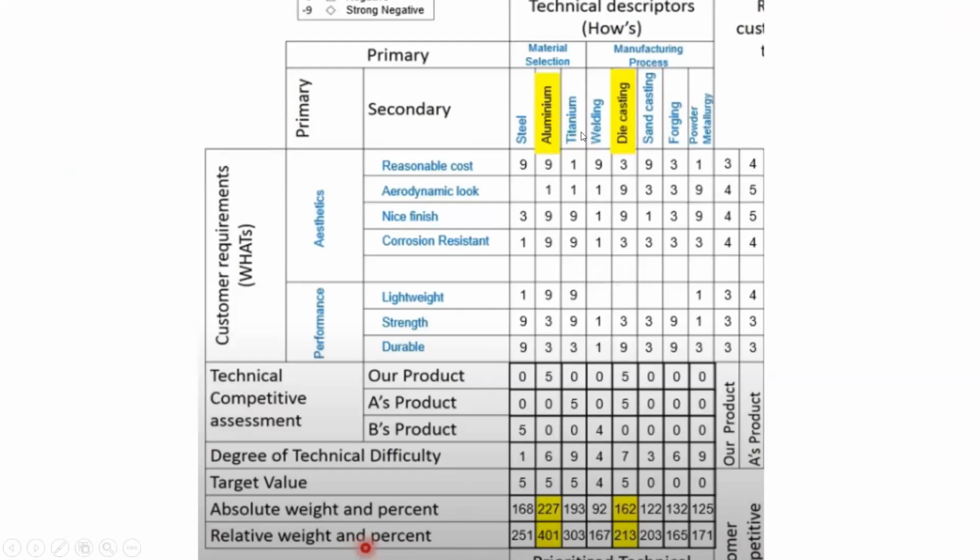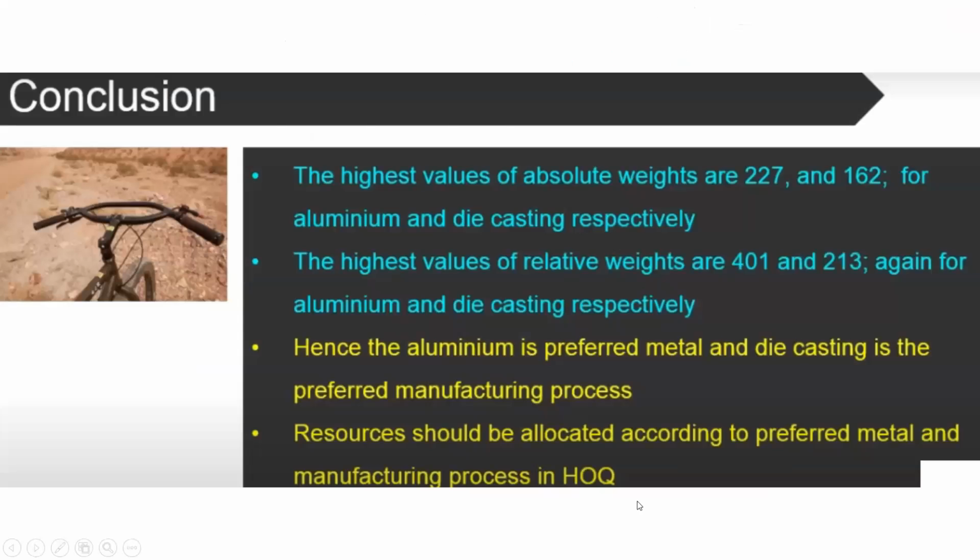We find that for aluminum, these two values are quite high. For die cast, these two values are quite high. It's the highest. As a conclusion, the highest values for absolute weight are this one and this one, that means aluminum and die cast respectively.